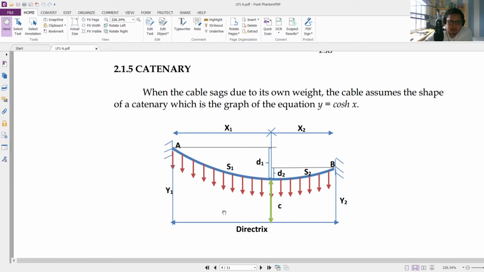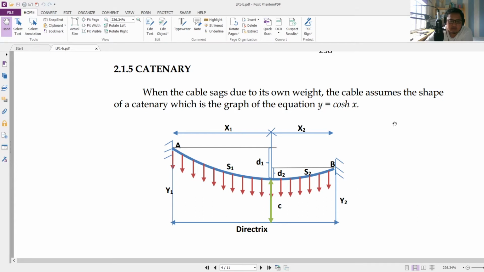Measuring from the directrix up to support A is what we call y1, and from the directrix measured up to support B is denoted as y2. So I hope you understand the catenary cable and the difference from the last topic we discussed, the parabolic cable.